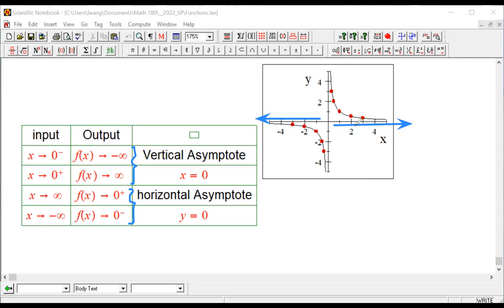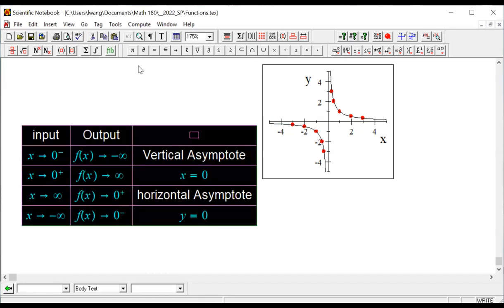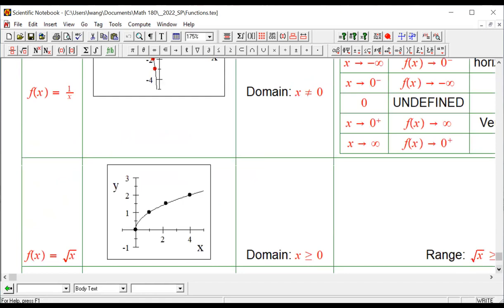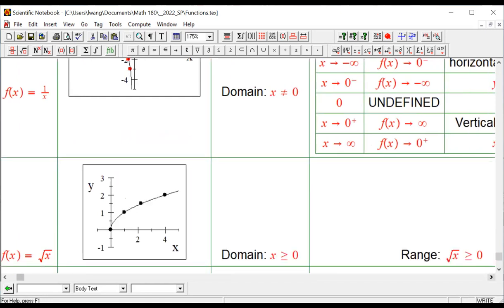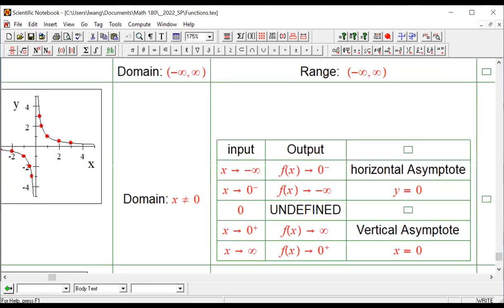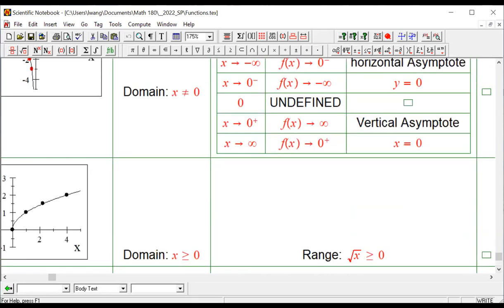Okay, so with that said and explained, I'm going to put this table to replace the other table.